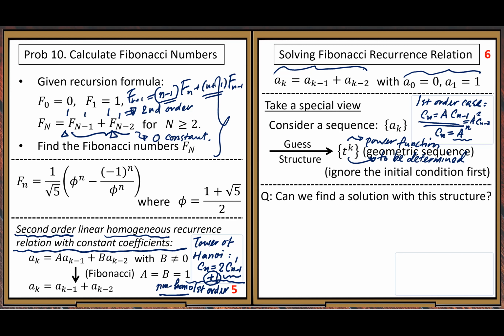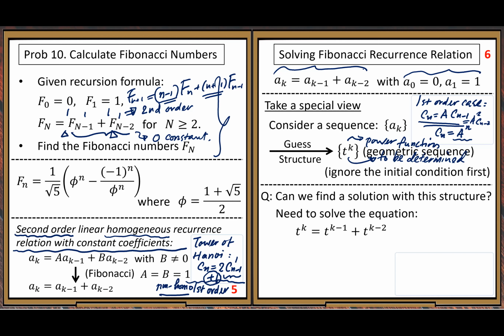Let us determine that little t to give us just one simple solution for the original recurrence relation. So let's plug in the left-hand side, a_k, based on our assumption, it should be t to the kth.